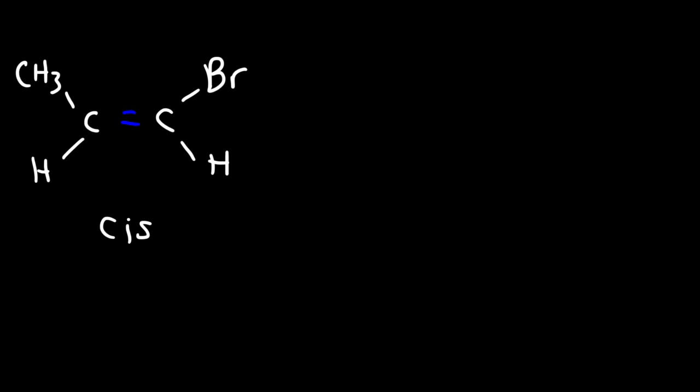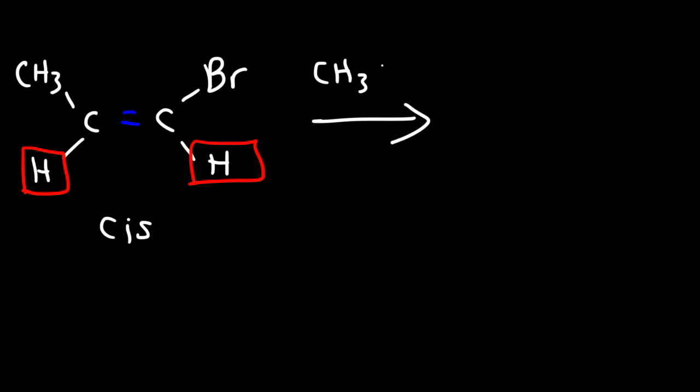Now let's say we're starting with an alkene and we wish to react it with the Gilman reagent. So here we have the cis alkene. So you can see that the two hydrogen atoms are cis with respect to each other. And let's react it with a Gilman reagent that has an ethyl group as an R group.